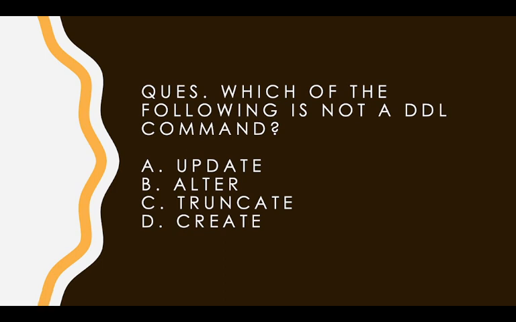You are just making modifications to the existing records. So this update statement will come under DML. So our question which says which is not a DDL command, the answer to that will be option number A, which is update, because that is our DML command. All right, let's move ahead.